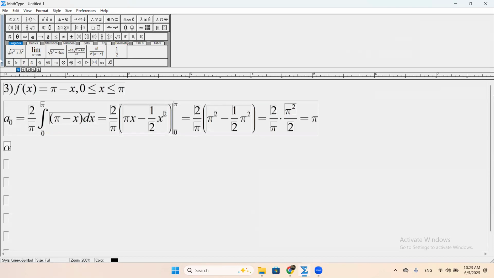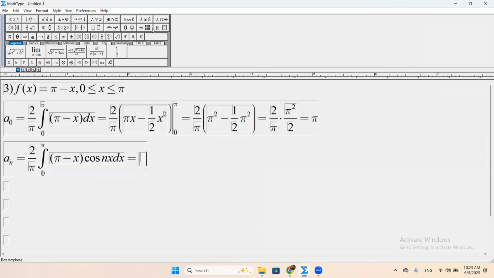And what about an? Not alpha, but a. Then we will multiply it by cosine of nx, and this expression will be integrated by parts.